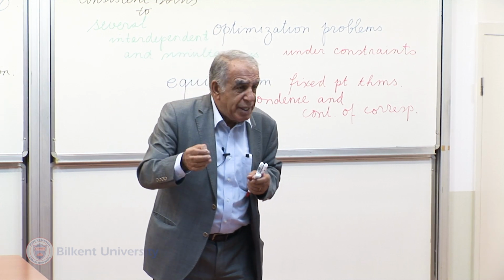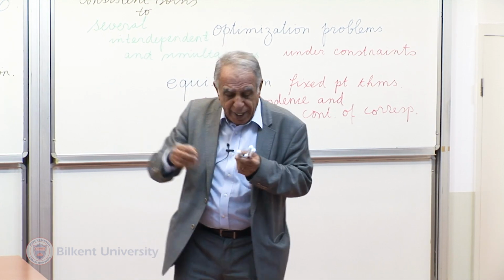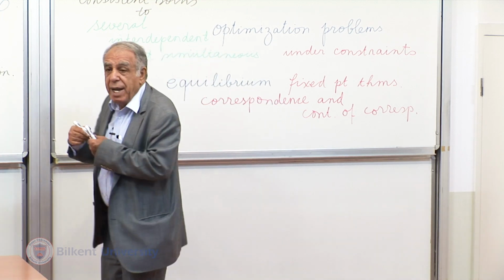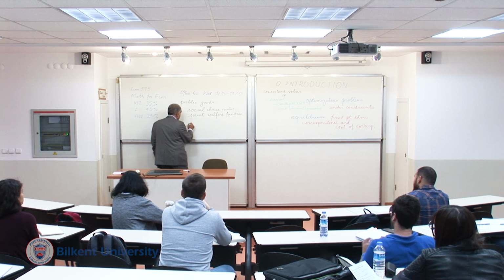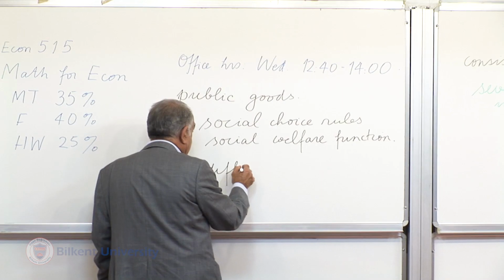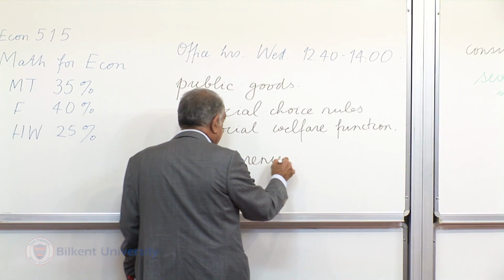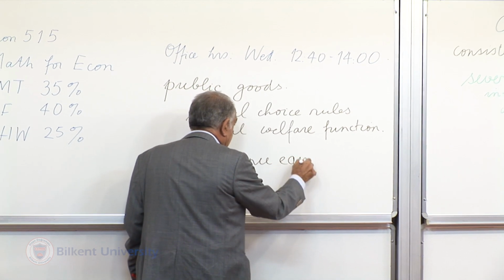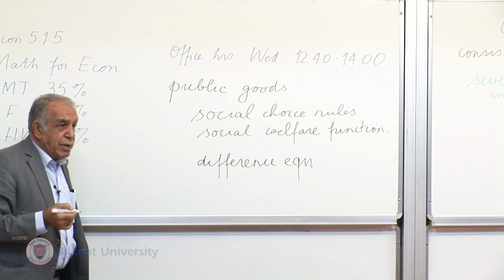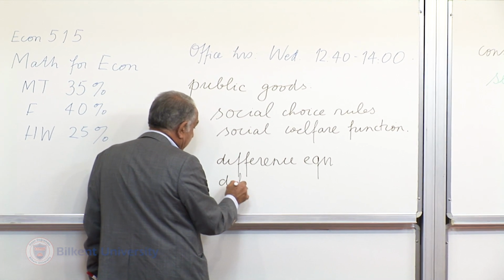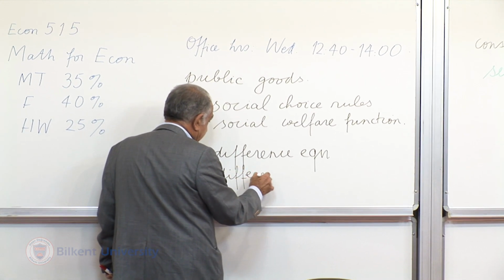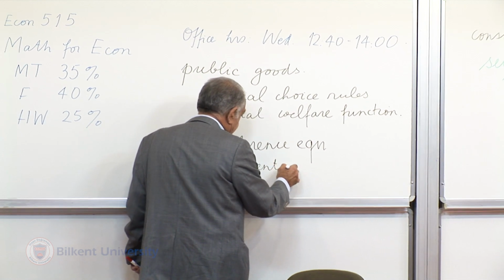Now, the transition from one stage to another, in the discrete time case, is governed by a difference equation in most of the cases. And in the continuous time case, it's a differential equation.